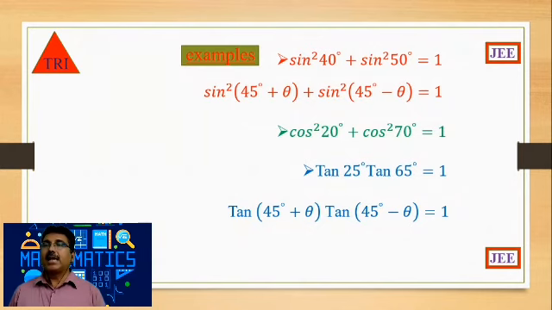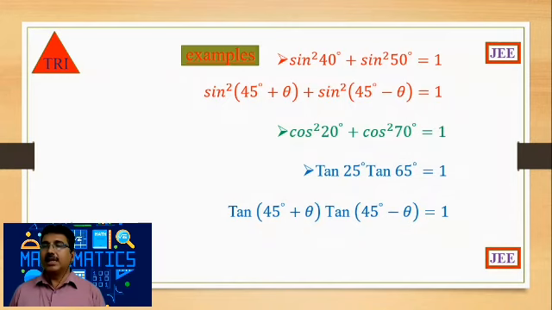Tan 45 degrees minus theta is cot 45 degrees plus theta. So tan 45 degrees plus theta into tan 45 degrees minus theta is equal to 1.